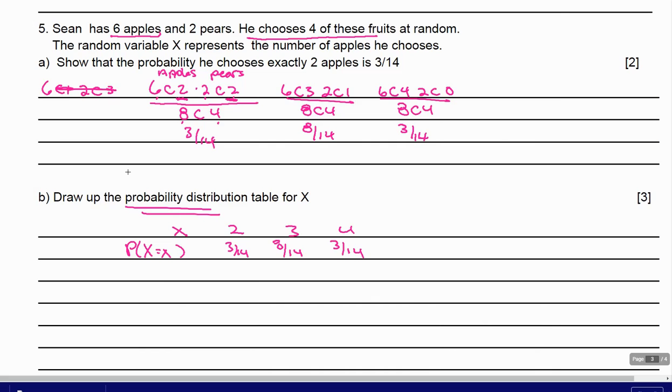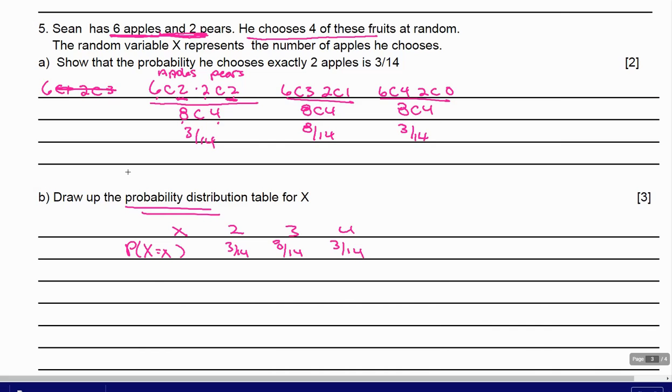So in this case, if there's no restrictions, I don't care if they're apples or pears. There are 8 pieces of fruit. And I want to know that this is the number of ways I could just pick out of 8 pieces of fruit, just picking 4 of them. So the top is me picking a particular situation, 2 apples and 2 pears. The bottom is me having 8 pieces of fruit and picking 4 of them.